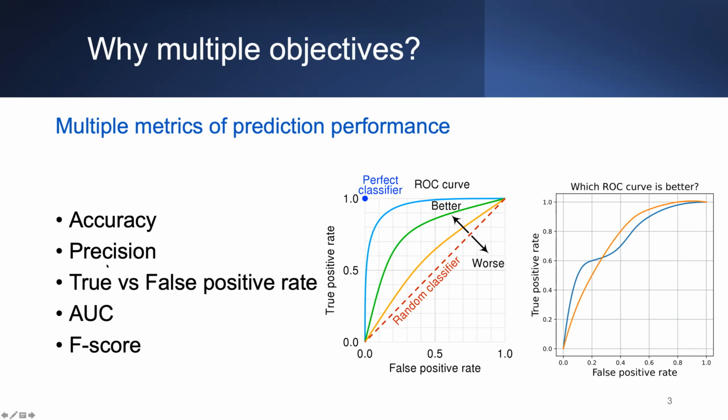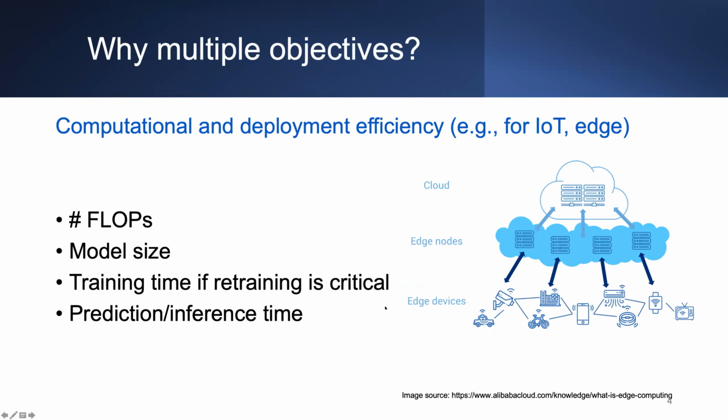You can look at things like the precision. You can look at things like the true and false positive rate. So this is like the precision and recall. Other definitions are sensitivity or specificity. You can look at the AUC, which is the area under this curve that I've shown here on the right. Sorry about that.